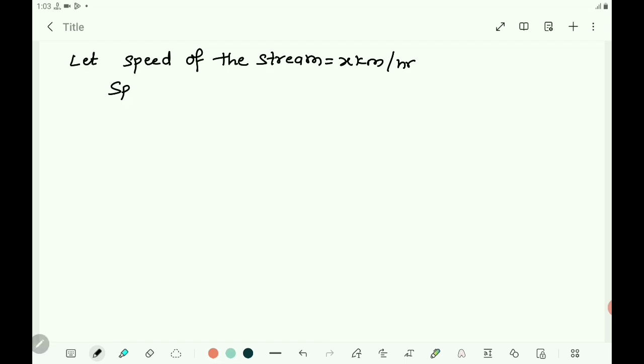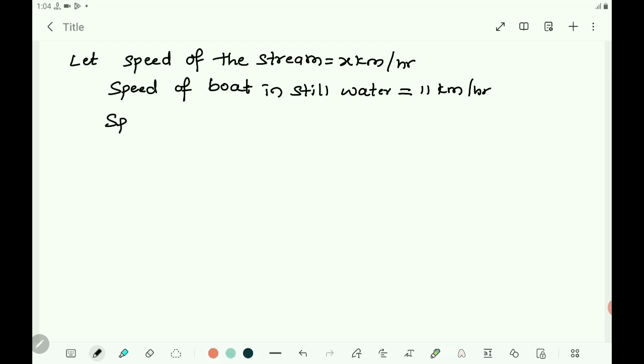Speed of boat in still water means there is no movement of the stream, no movement of water, that is in still water 11 kilometer per hour.